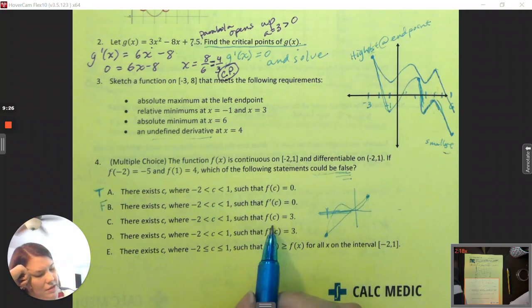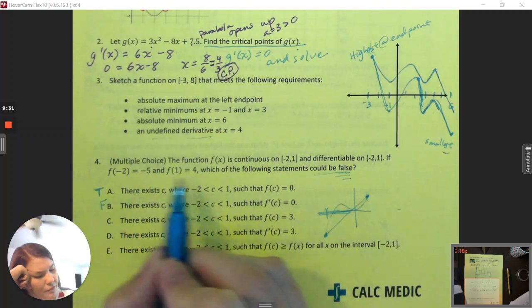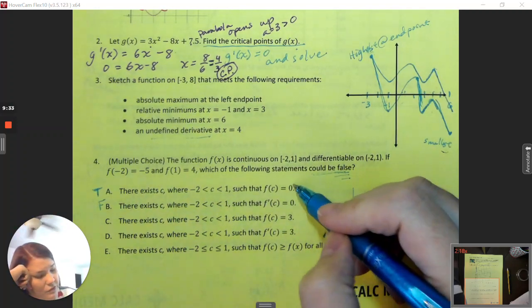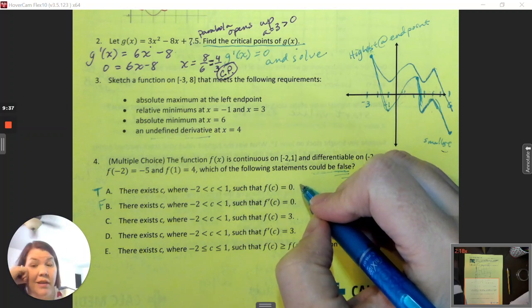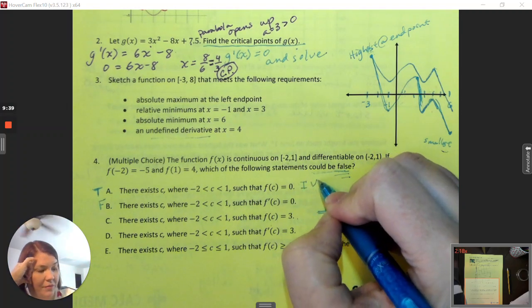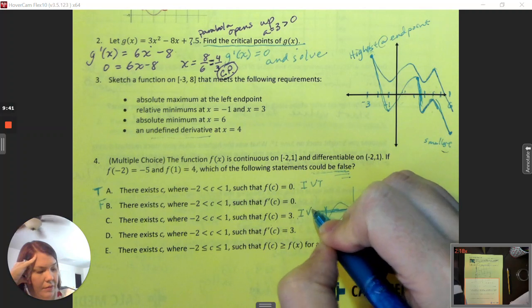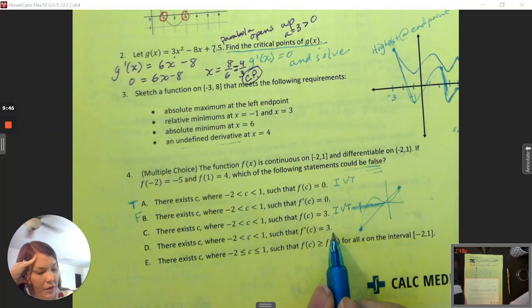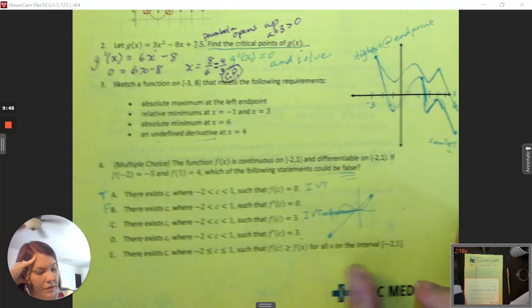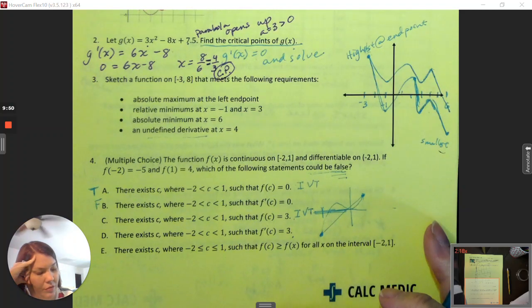C: There exists a c between there where f has to equal 3. Yep, it passes through, the same reason the first one has to be true. That would be the intermediate value theorem for both of these. D: There exists a c such that the derivative has to be 3. It's differentiable.